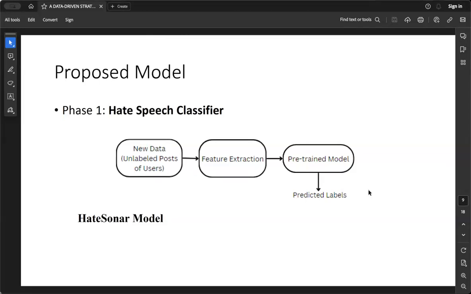So we experimented with various text classification models. What stood out for us was this pre-trained model called Hate Sonar, which is a pre-trained hate speech detection classifier. And that gave us the best results for coming up with the labels for the unlabeled posts. So we decided to work with Hate Sonar as our model for phase one.